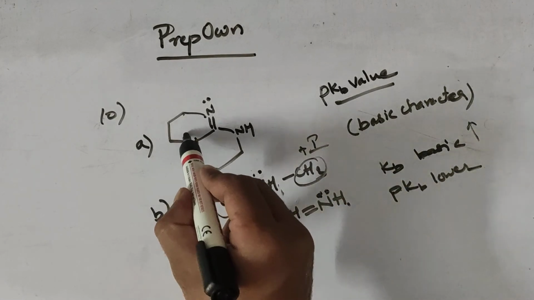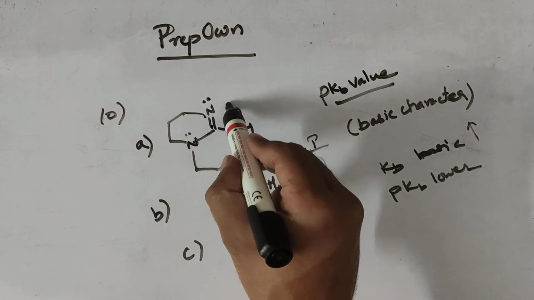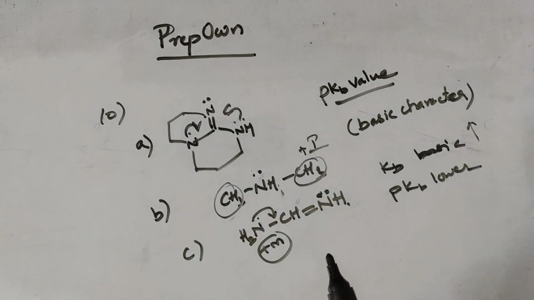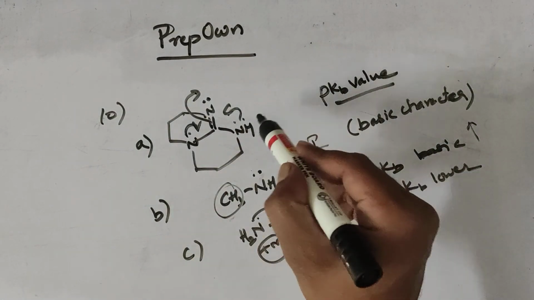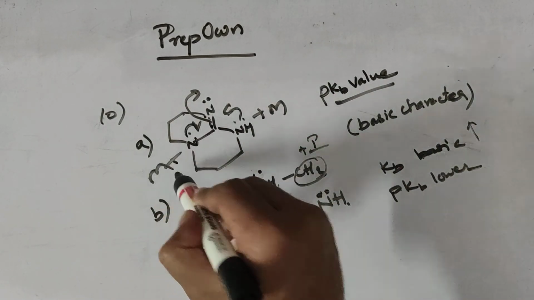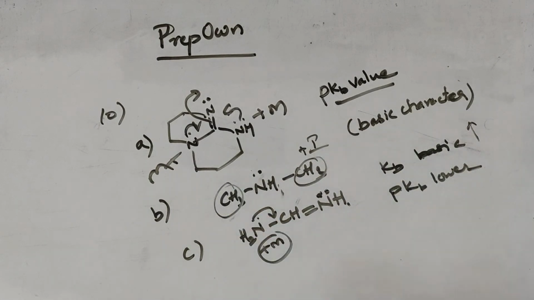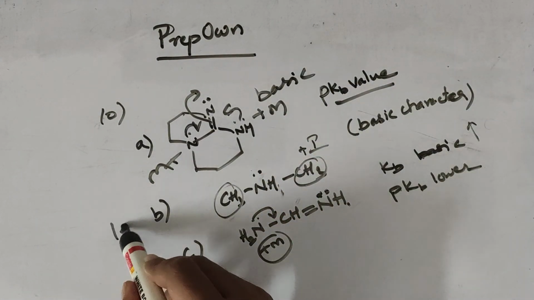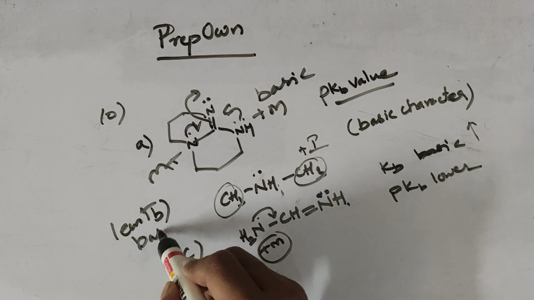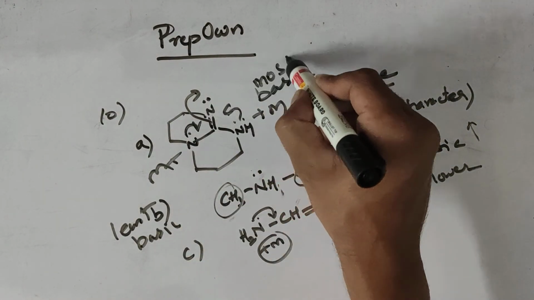Compare this with this one: two nitrogens' lone pairs are ready to participate in resonance. As a result, this bond shifts here, so electron density increases. So it is like having two plus M groups. It is one plus M group here, and here only plus I groups. So the most basic is this one. The least basic is this one.